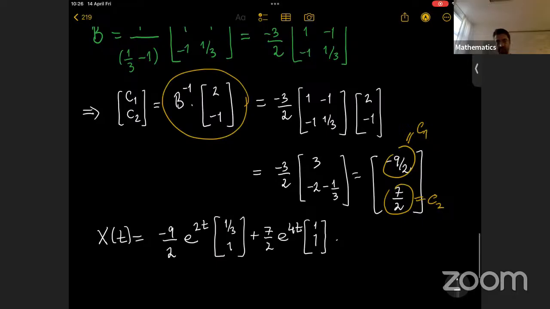So this is the solution of the initial value problem. Any questions with this?